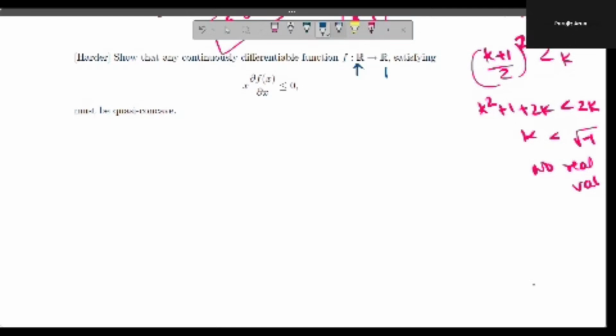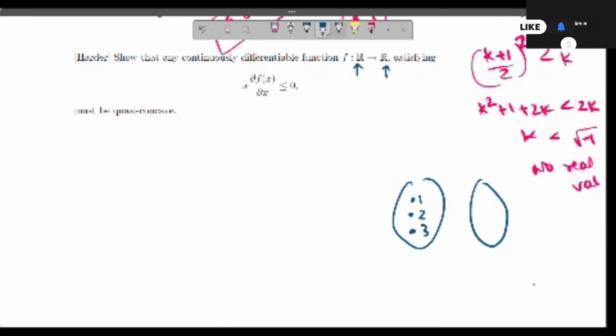Yes, this is the domain, this is the codomain. Range is the actual values of y which you are going to get by putting in your domain values. Ma'am, what is codomain? Let's say I have 1, 2, 3 here, and my f(x) is x square. But I have considered natural number to natural number as my set. So it will be having starting from 1 various numbers, and here you will also have starting from 1 various numbers.